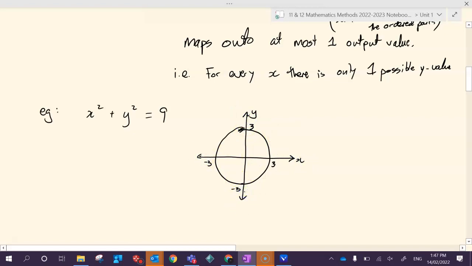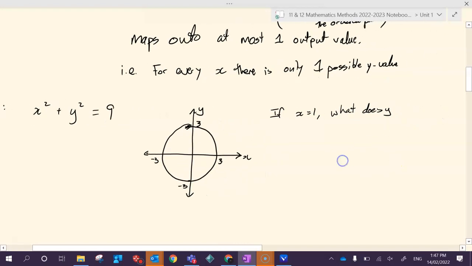Here's a diagram. X squared plus y squared equals 9. If x equals 1, what does y equal? And we can do it two ways. We can think about this algebraically first.